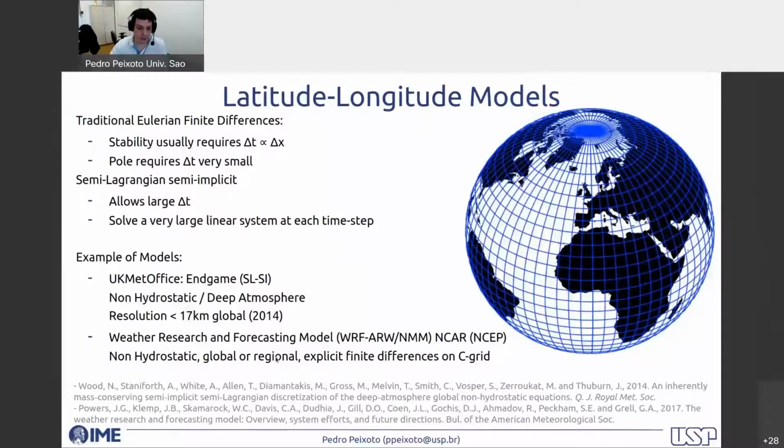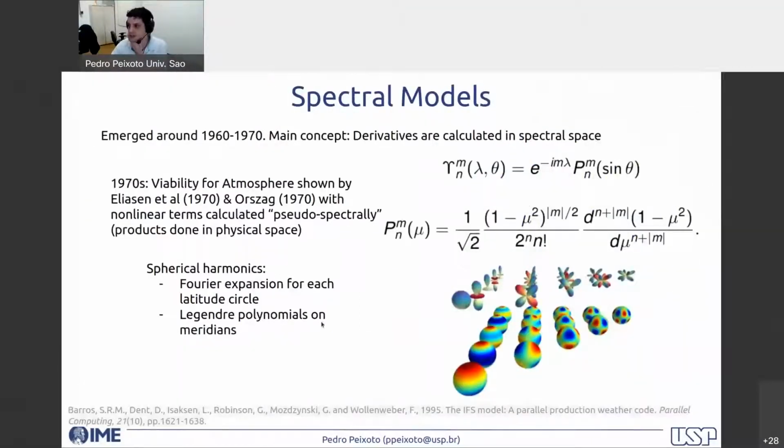But if you start trying to move towards a global model, which is what you would expect because of the global coupling of the atmosphere, you will start hitting this kind of problem, particularly because WRF is an explicit finite difference scheme. So it becomes computationally unfeasible to run on large HPC systems. So these two models are reaching a giant bottleneck in terms of HPC.